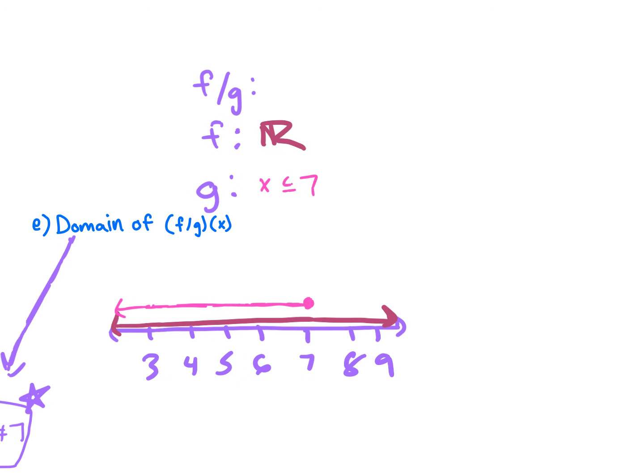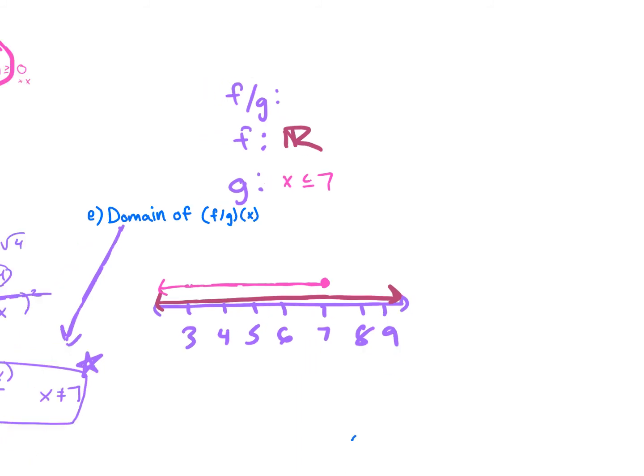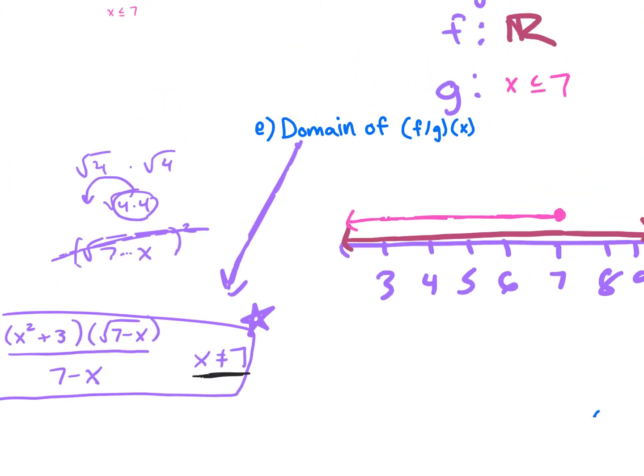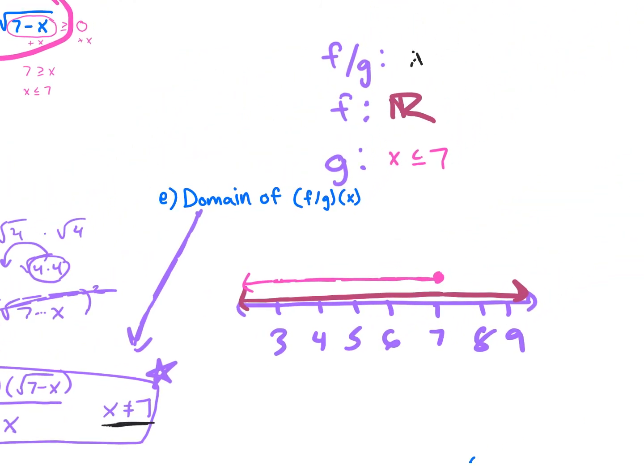But I'm not done yet. Our function that we just found, f over g of x, what did we say x cannot be? x cannot be 7 because I can't get 0 in the denominator. So that would make this a hole at 7, but it could be anything else.